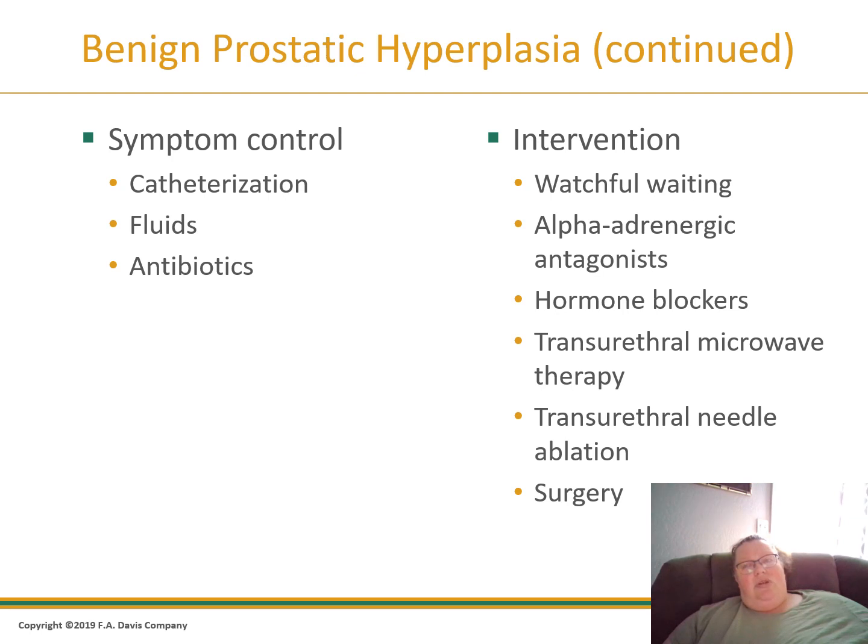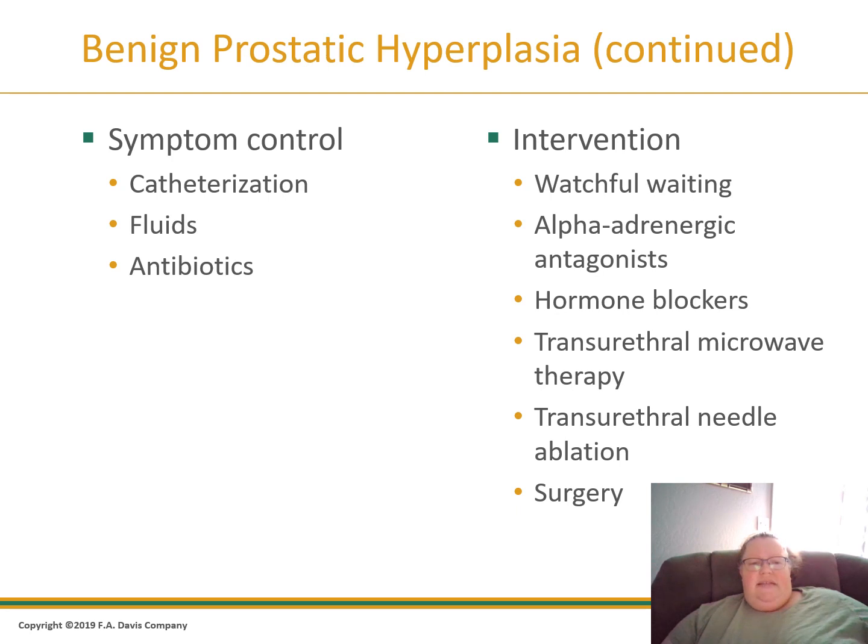Oftentimes obstruction. There are a few reasons that justify catheters. One of them is obstruction, and typically obstruction is from scar tissue and or from BPH. So often you'll see more men with catheters than women because of the prostate causing a blockage.